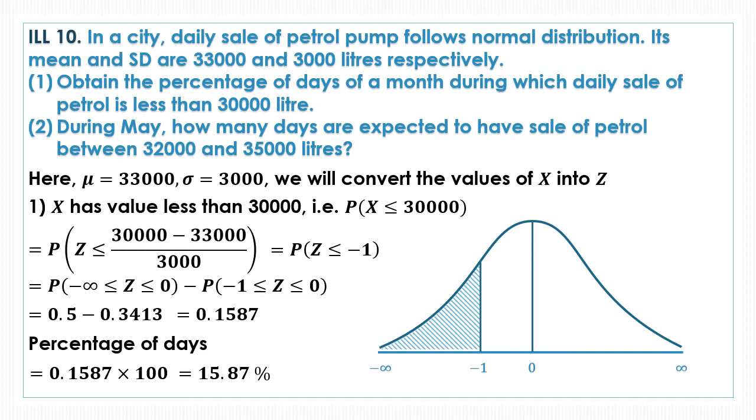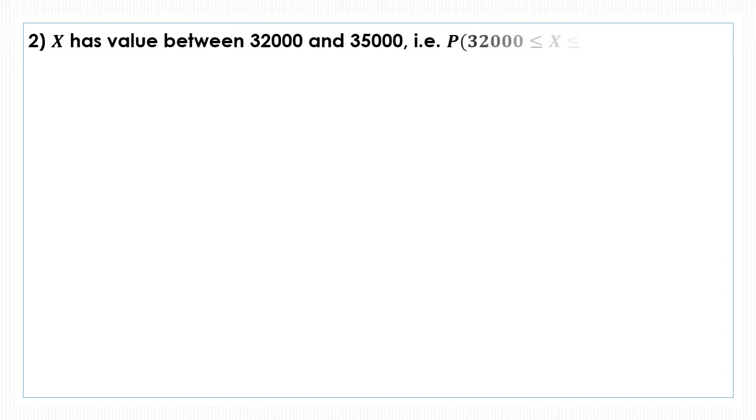Let's move on towards the second question. Question number 2, X has a value between 32,000 and 35,000. The question was about the month of May, but before that we have to calculate the probability where X is between 32,000 and 35,000. It's pretty simple.